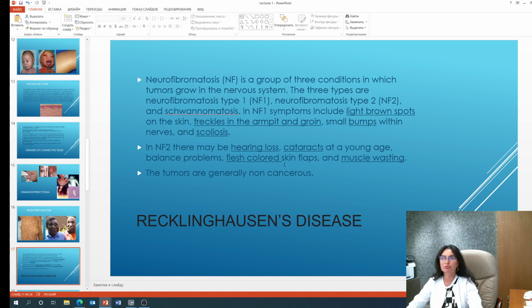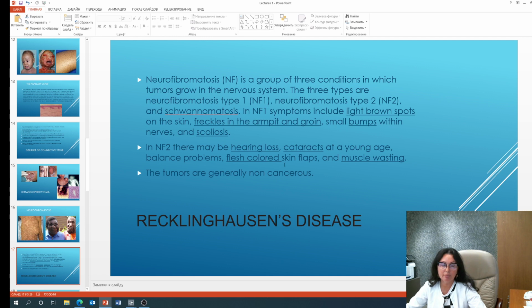Neurofibromatosis is a group of 3 conditions in which tumors grow in the nervous system. The 3 types are neurofibromatosis type 1, neurofibromatosis type 2, and schwannomatosis. In neurofibromatosis 1, symptoms include light brown spots on the skin, freckles in the armpits and groin, small bumps on the iris, and scoliosis.